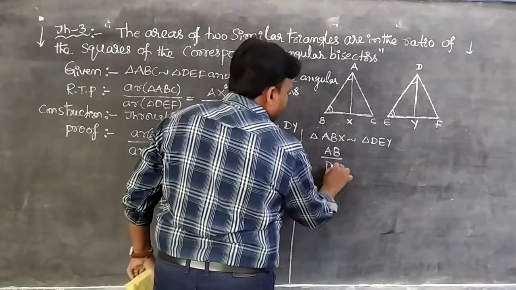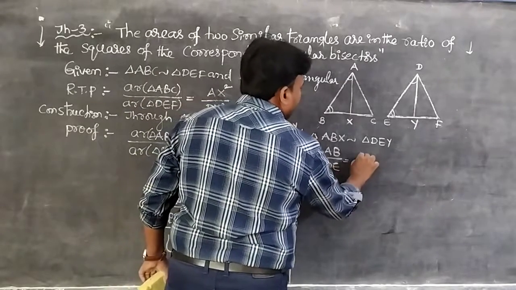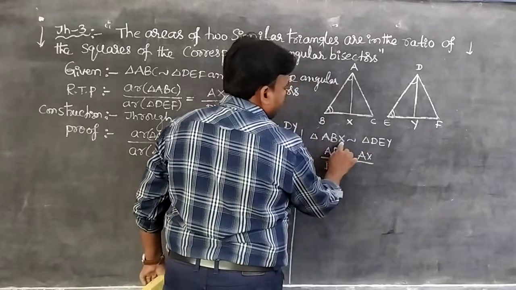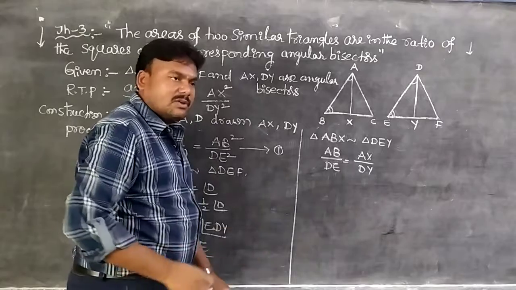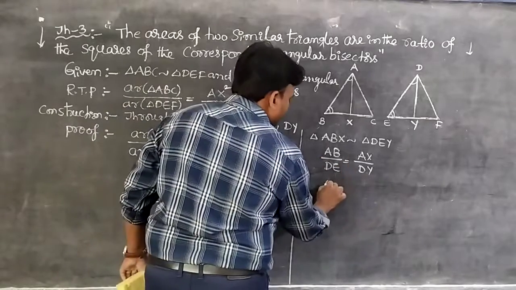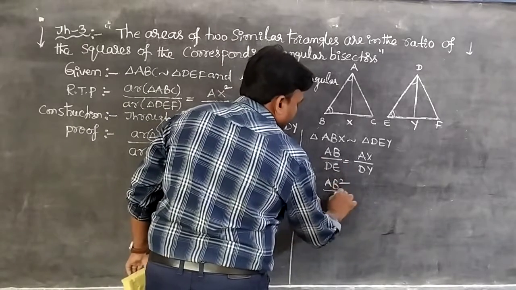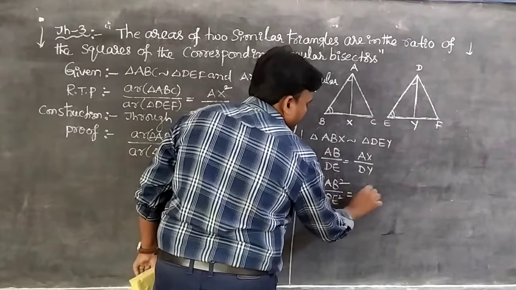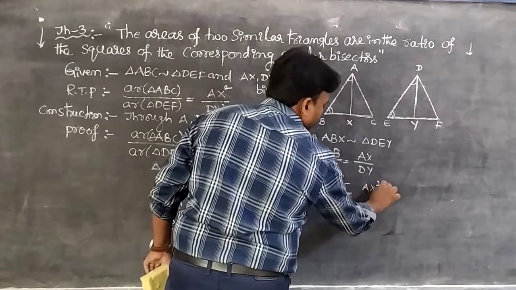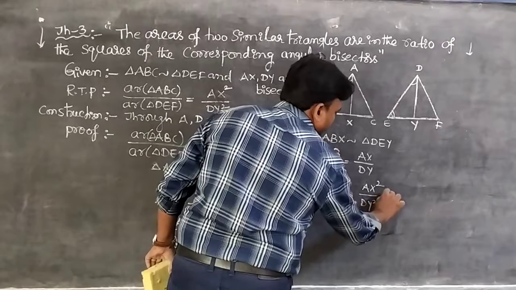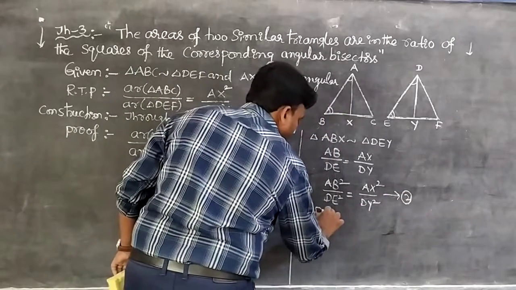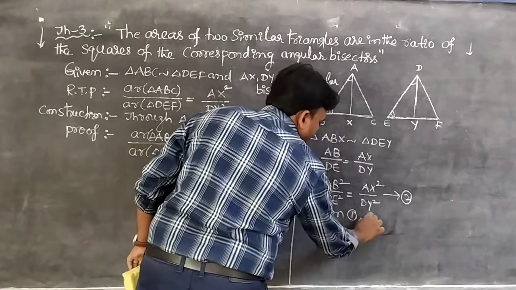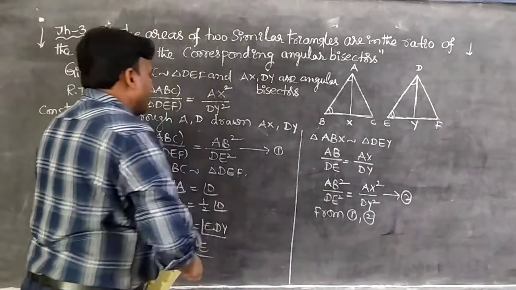So AB by DE equals AX by DY. We have taken square also. Squaring on both sides, AB square by DE square equals AX square by DY square, which is equation number 2. So from 1 and 2, finally what do we conclude?